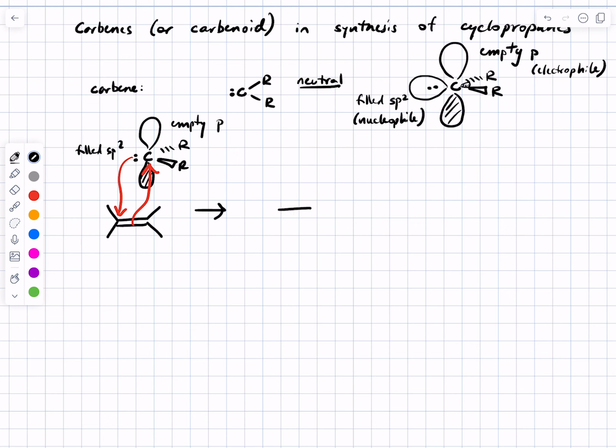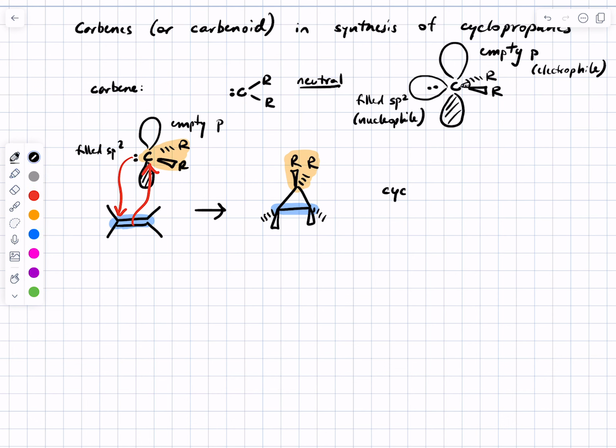And this will make two new carbon-carbon bonds. The portion of the molecule that was on our carbene is now at this vertex of the cyclopropane, and these two carbons in the alkene are now this side of the cyclopropane three-membered ring.